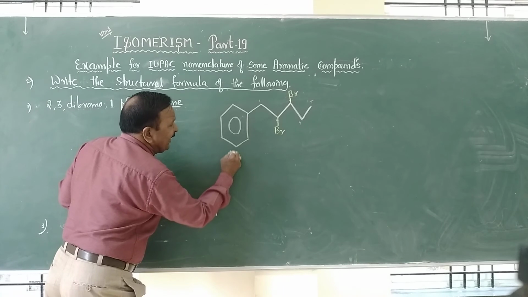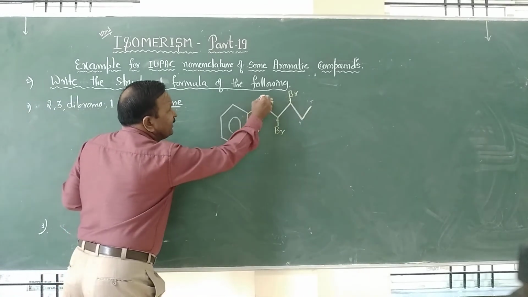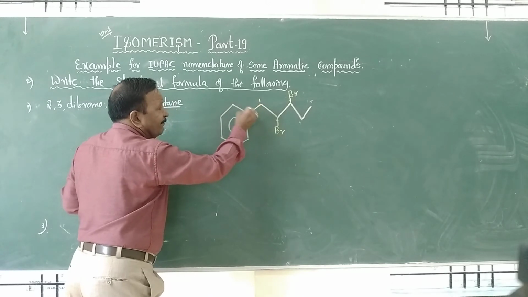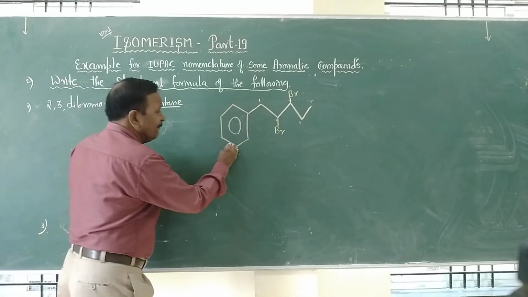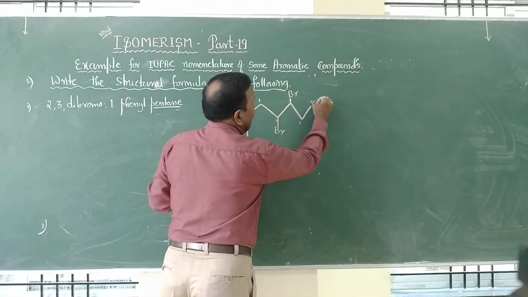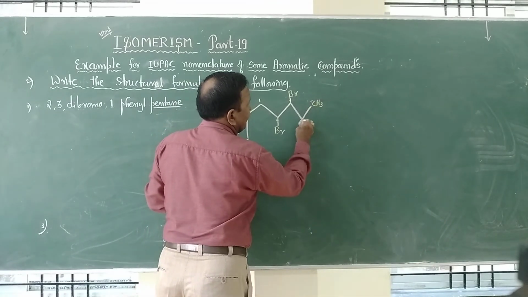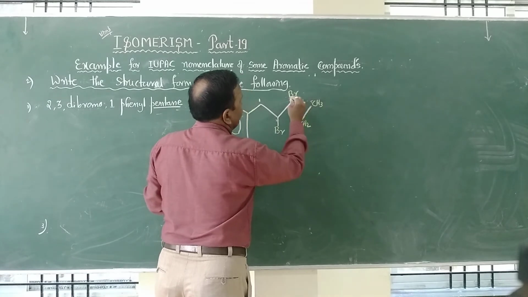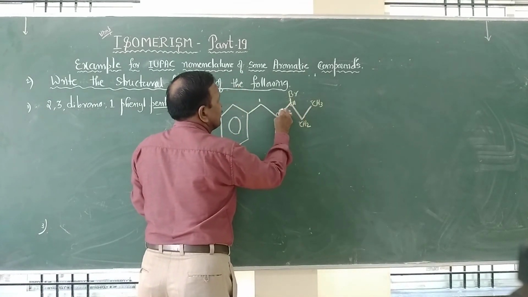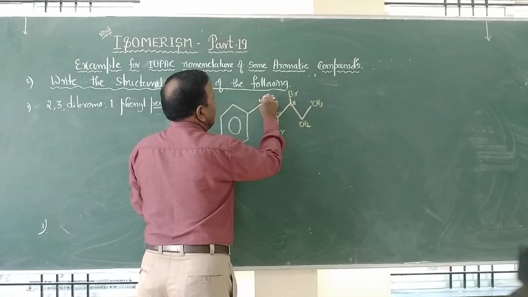This is your phenyl. It is always given position 1. So 1 is phenyl. And now the remaining thing will be CH3, CH2, this will be CH, and this will be CH, and this will be CH2.